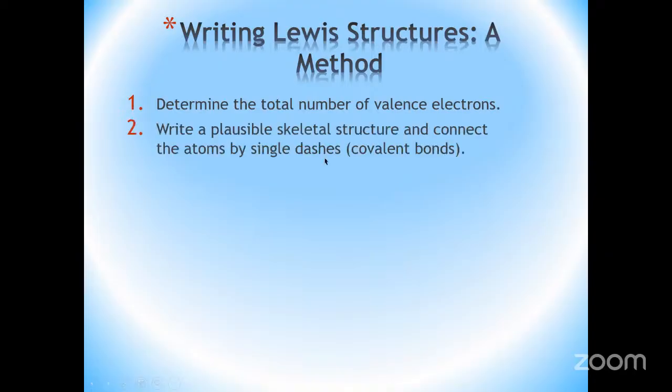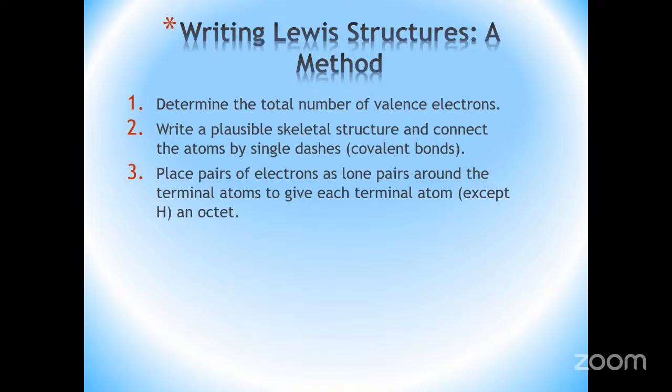The second step is that you draw a plausible skeletal structure and connect the atoms by single dashes, or single covalent bonds. The third step is that you place pairs of electrons as lone pairs around the terminal atoms to give each terminal atom an octet, with the exception of hydrogen, because hydrogen cannot have an octet. It will have a duet, which is already satisfied if it's bonded to another atom.